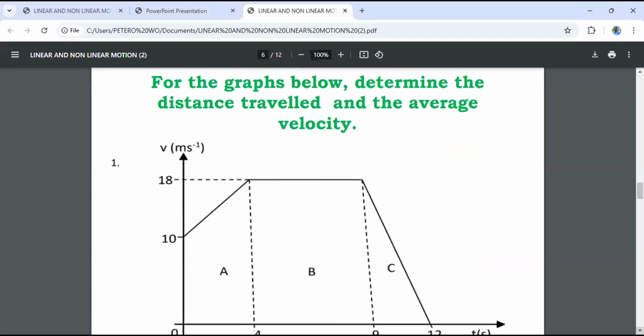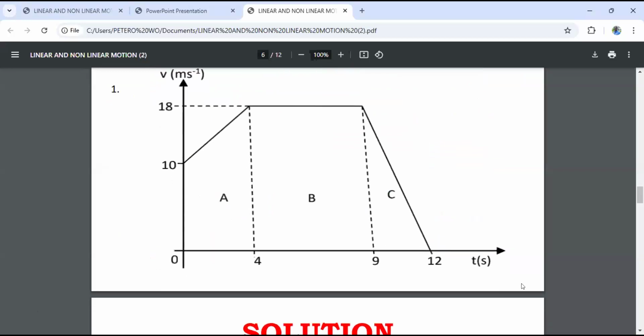So this is our first question. You see that our body is moving.